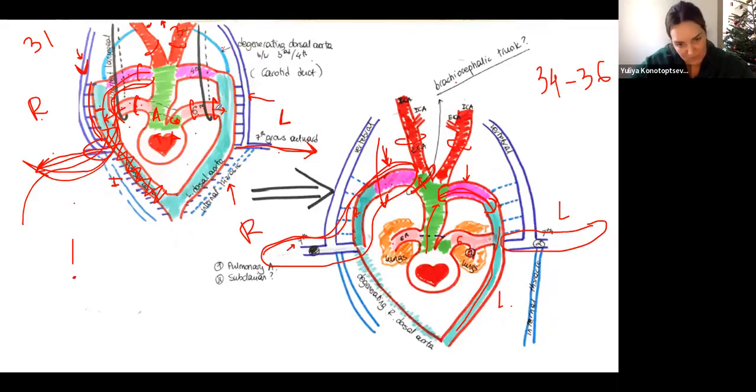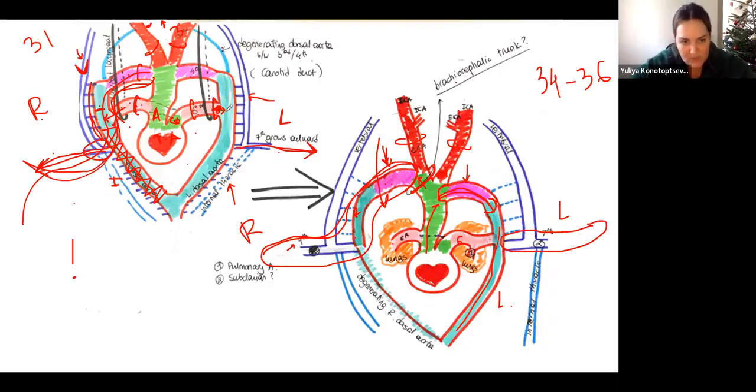It has a name, and it is called ductus arteriosus. Okay, so this part right here, this is ductus arteriosus, this connection between 6th aortic arch and left dorsal aorta.